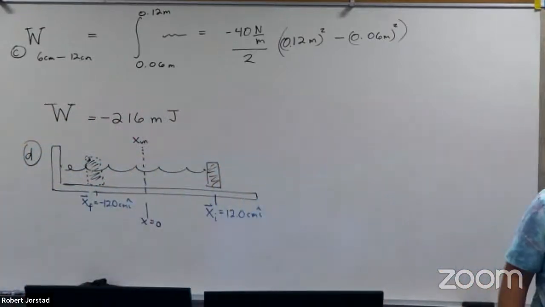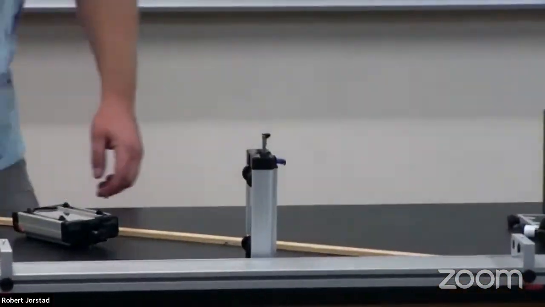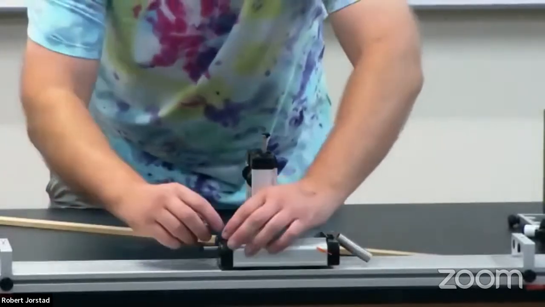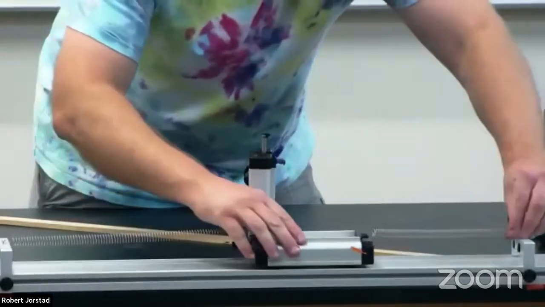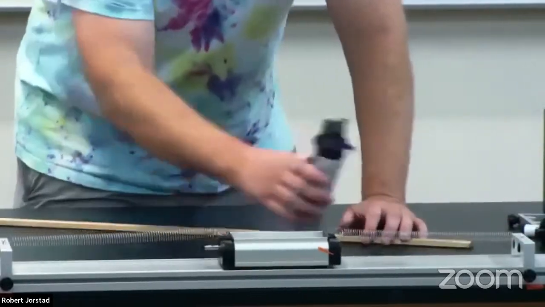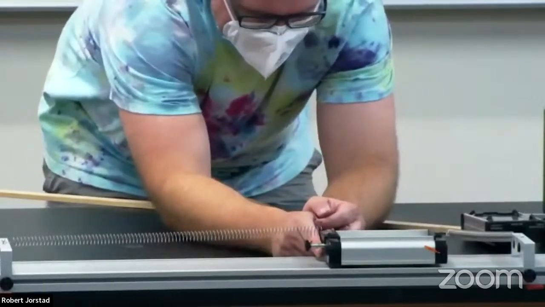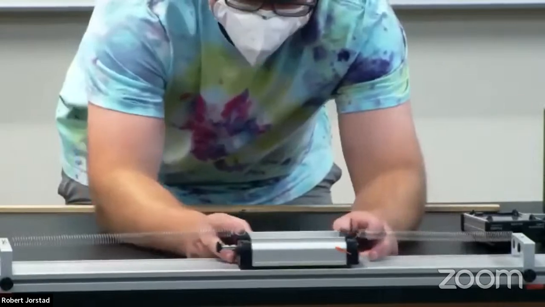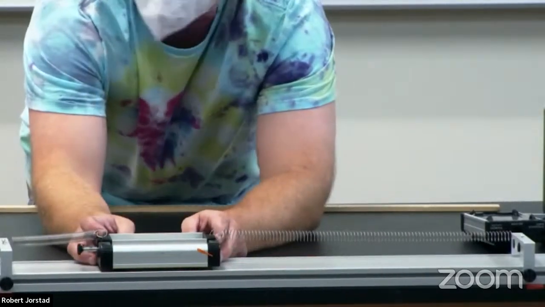Isn't that exactly the same as this problem right here? We're starting right here. I can pull it to this side. And now when it gets to the other side, it comes to rest for a split second. From here over to here, there's been no work done.